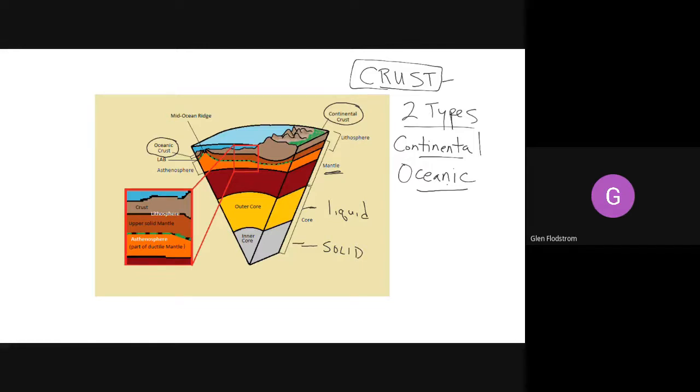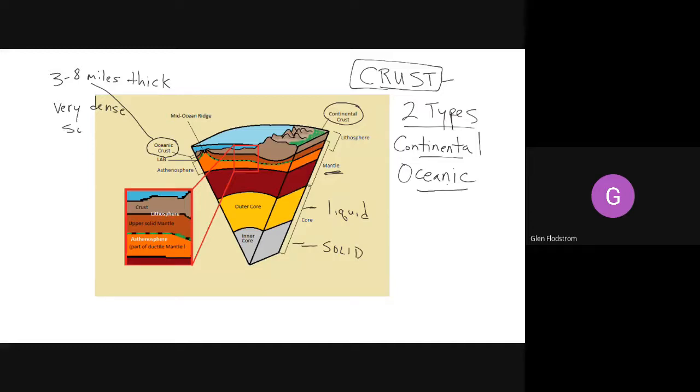Okay, first off, the oceanic crust, this crust here, in terms of thickness, they say it's anywhere from 3 to 8 miles thick. All right? And it's extremely compacted, lots of pressure, so it's very dense. Very, very dense. And it's a solid. Remember, it's a crust.